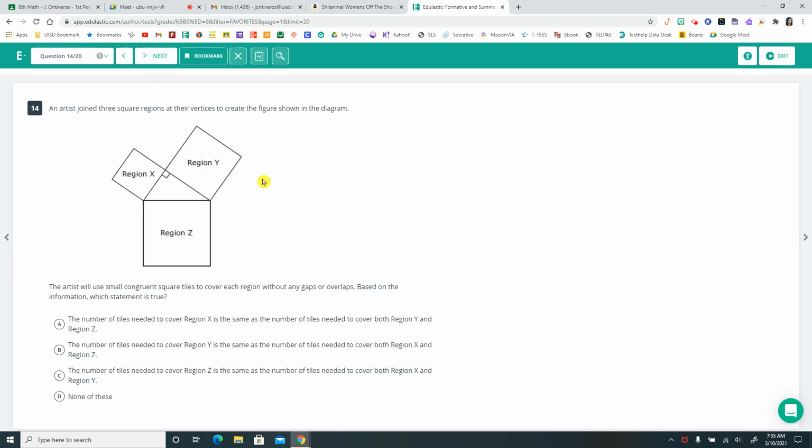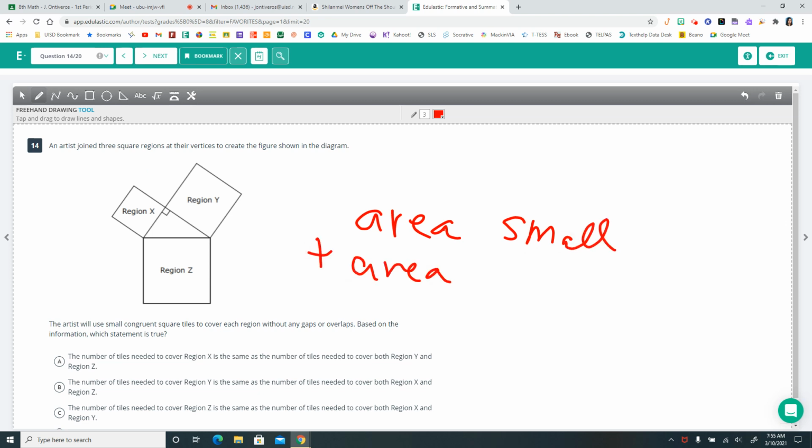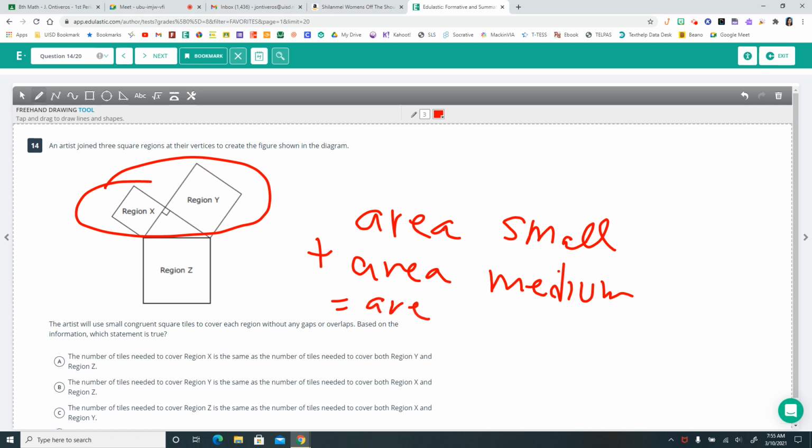Number 14, don't forget that for this problem, the area of the small one plus the area of the medium, so these two, will equal the area of the bigger square.